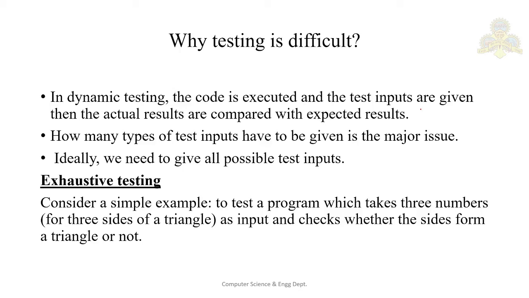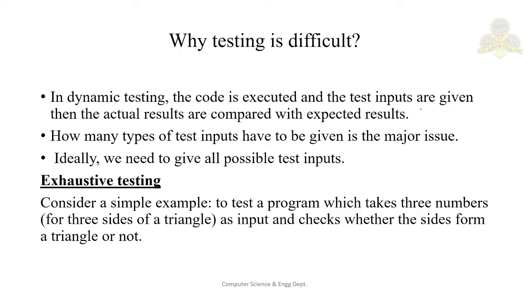You have to give different combinations of inputs and check whether the program is working correctly. So we need to give the correct inputs, that is the numbers which form a triangle. And we also need to give the wrong inputs, the numbers which do not form a triangle, and ensure that it is working properly.